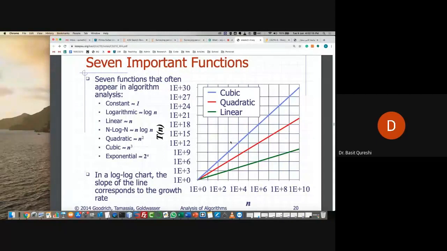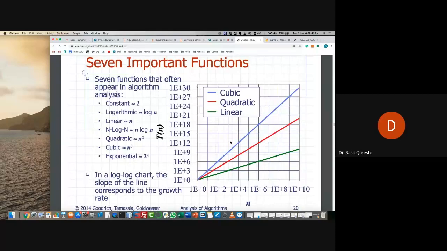The second class is called logarithmic. Okay, this is log of n. So the growth function, we call it the growth function, would be log of n. Third class is linear. That will be your typical for loop, which is going from 0 to n, linear time. Then we have linearithmic, which is known as n log of n, n multiplied by log of n.